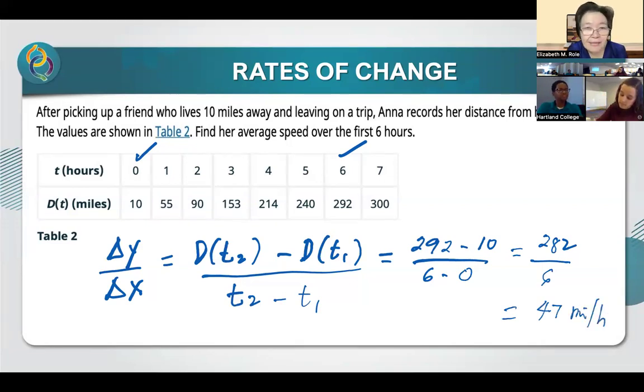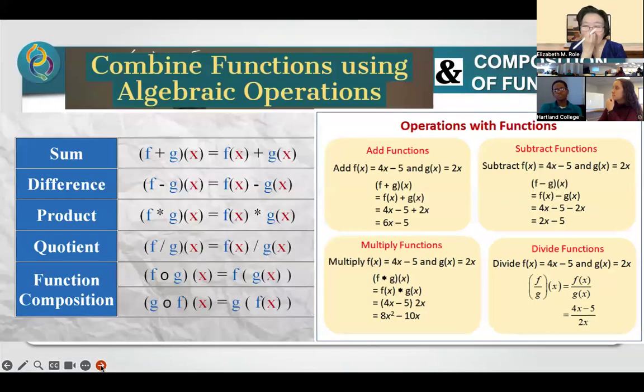So the average speed over the first 6 hours is 47 miles per hour. I just want to show some real examples of your slope or your rate of change.